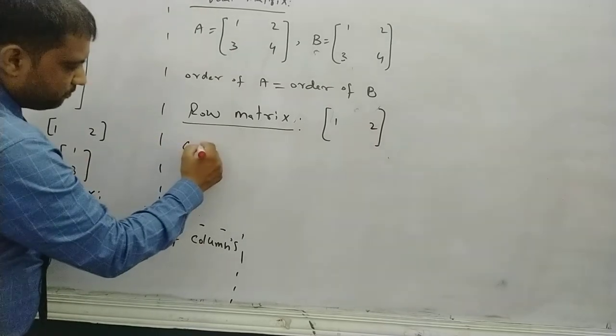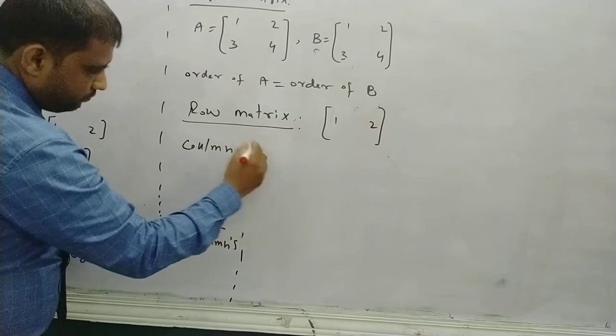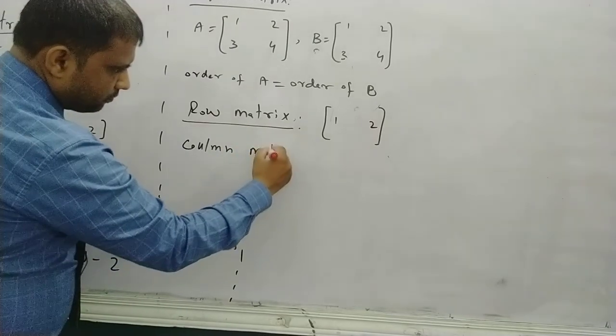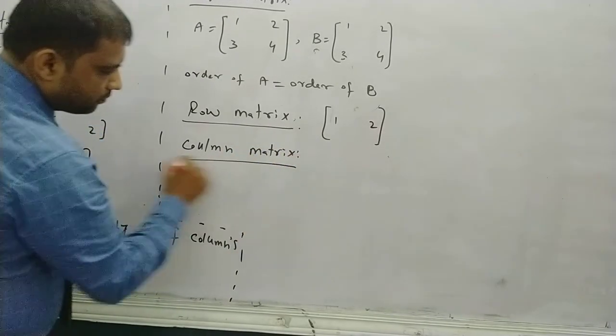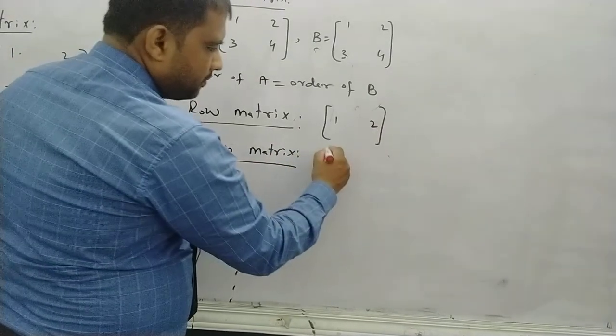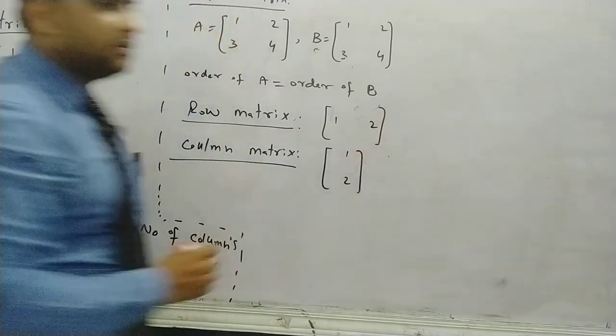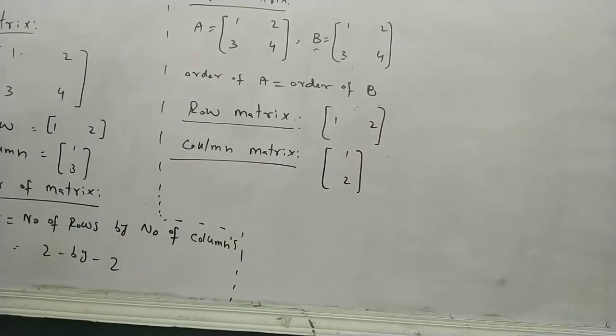Column matrix. If a matrix has one column, it is called a column matrix.